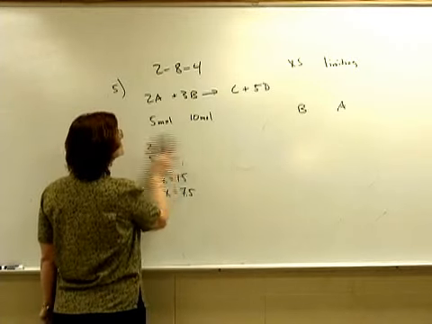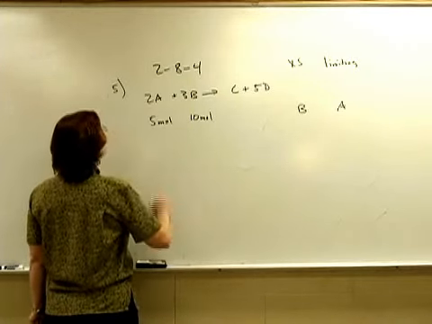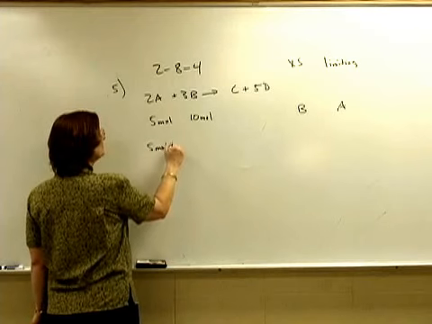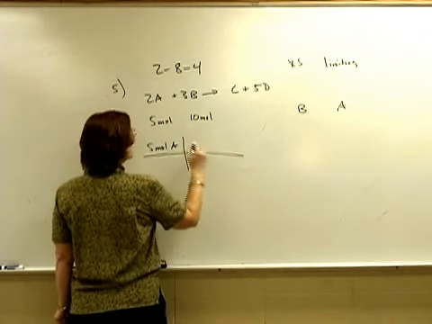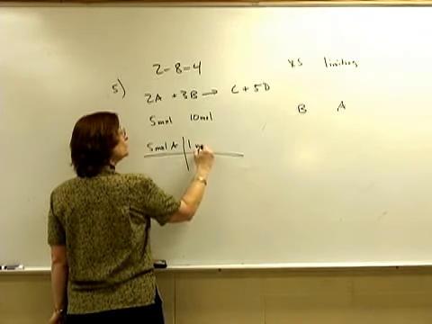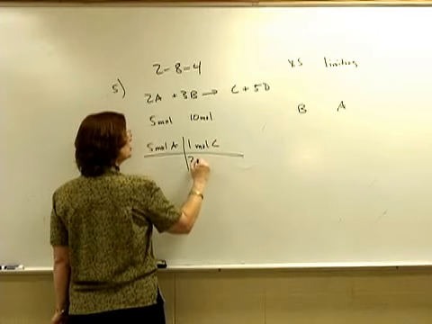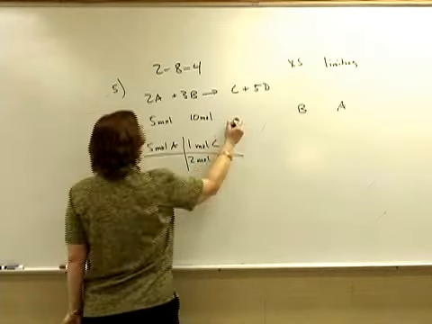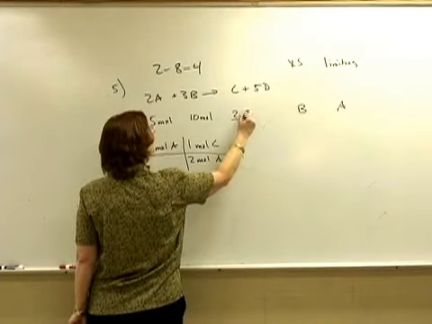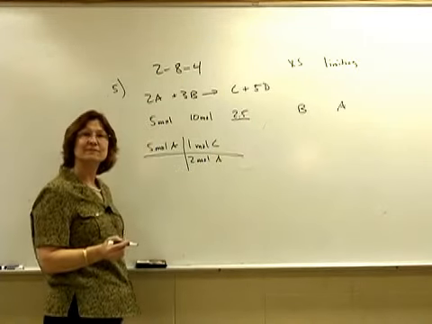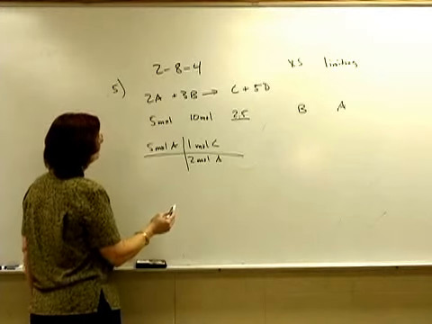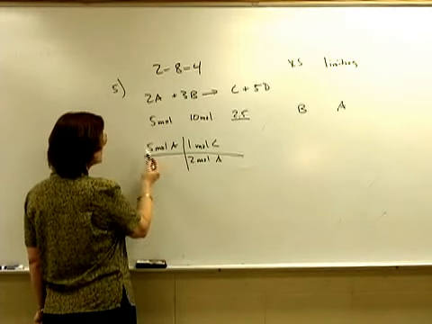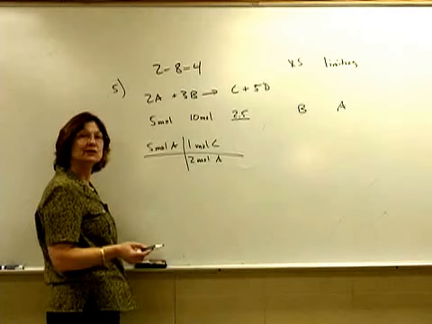And therefore, A is limiting, so I say that I have 5 moles of A, and I want to find out C. There's 1 mole of C for every 2 moles of A. Therefore, the amount of C is going to be 2.5 moles of C, because 5 halves is 2.5.